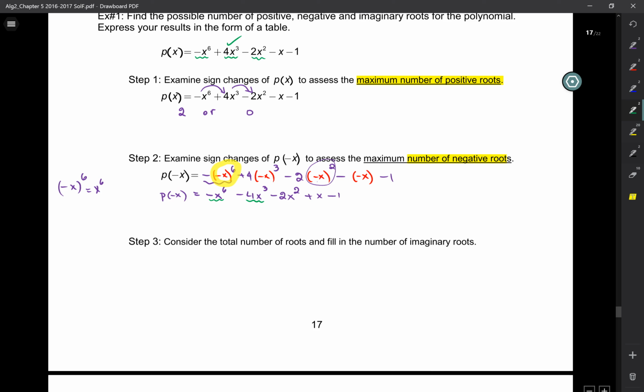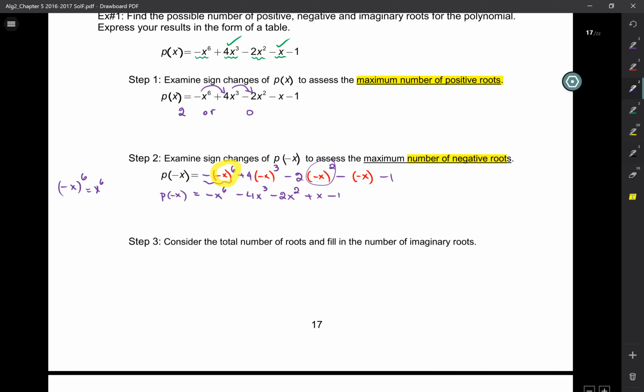Negative 2x squared, negative 2x squared, same. Negative x, positive x, that one changed. So for next time, when you have to find p of negative x, what does the exponent have to look like for it to flip sign? It has to be odd. So all the odd exponents flip sign.